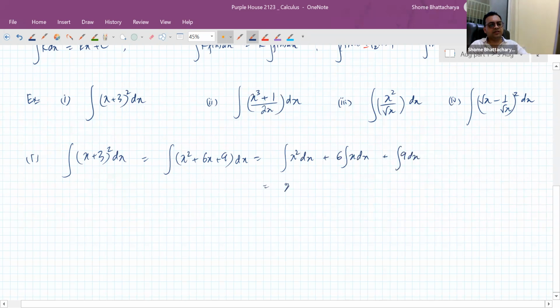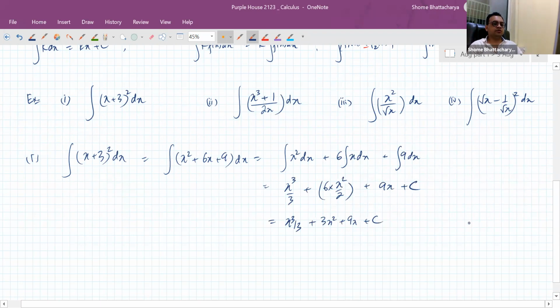So x squared's integration will become x to the power 3 by 3. x's integration will become x to the power 2 by 2. 9 is a constant term, so its integration is 9x, plus c. So ultimately, this is our answer, x cubed by 3 plus 3x square plus 9x plus c.